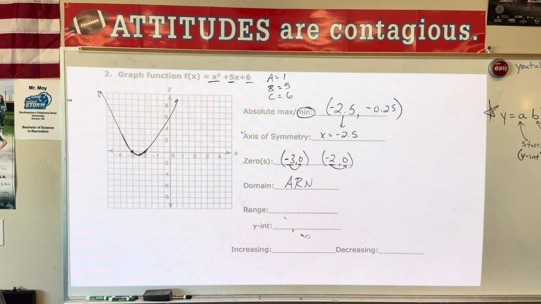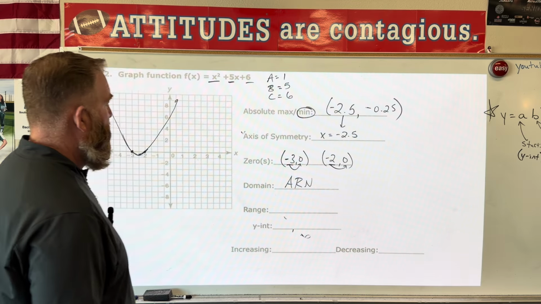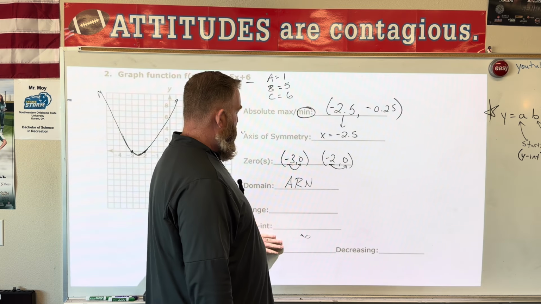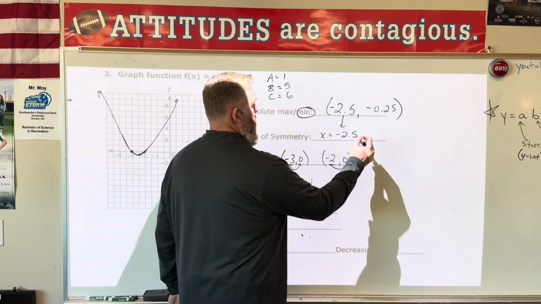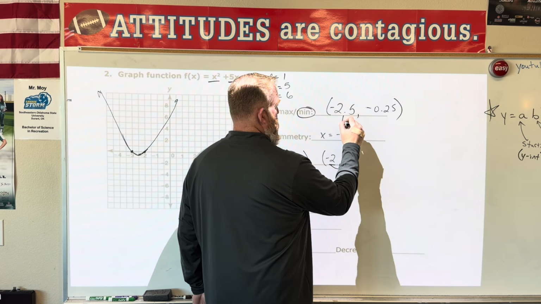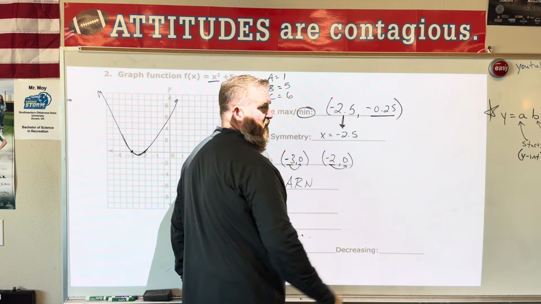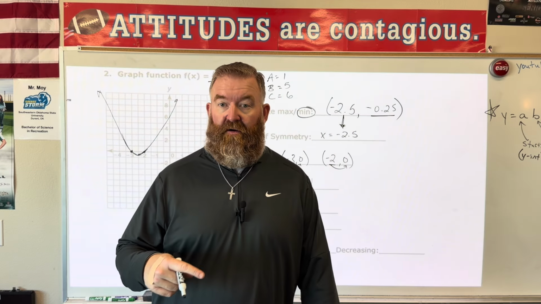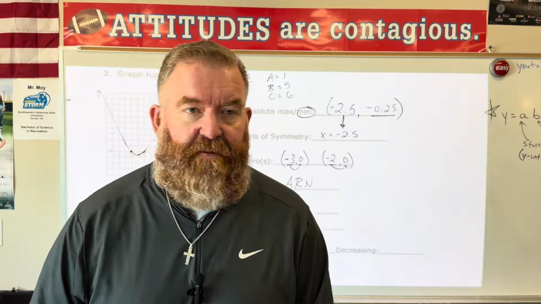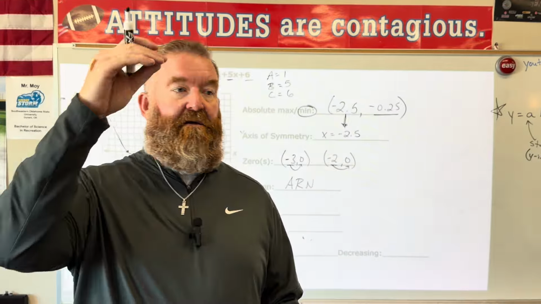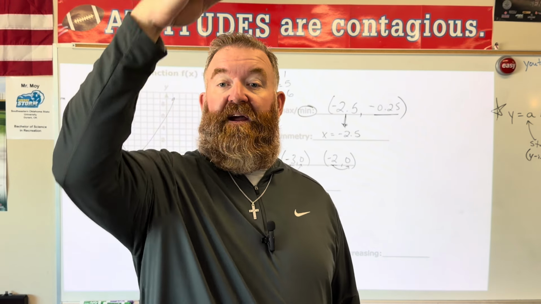All right, here we go. Range. Let's see. Can anybody tell me what? Hold on. Here's my x. My axis of symmetry is my x. There's the bottom of my range, or the top. That's going to be my number. Is everybody with me on that? Because if that's my point, it's either going to go up from there or down from there.